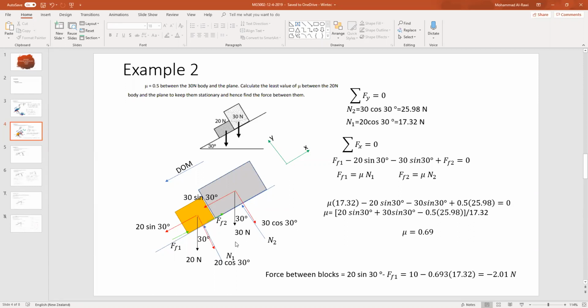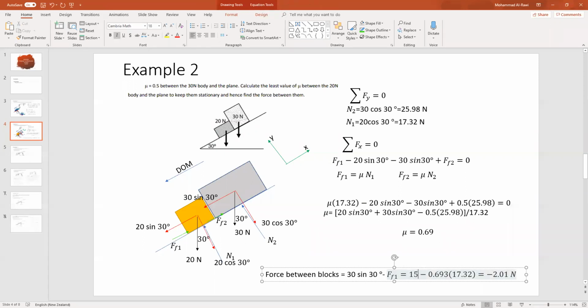If we're trying to find the force between them, what's the force? You have the weight going downwards and you also have a friction going up. So this should be 30 sine 30 degrees minus the friction, which is sine 30 times 30, which is 15.